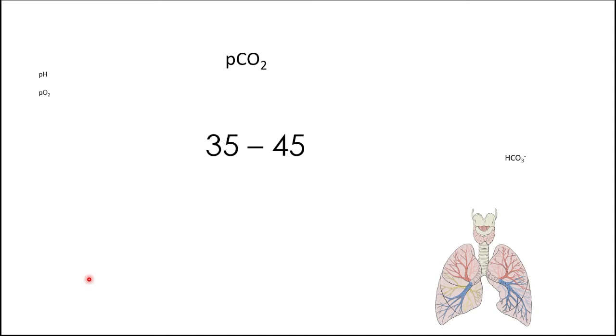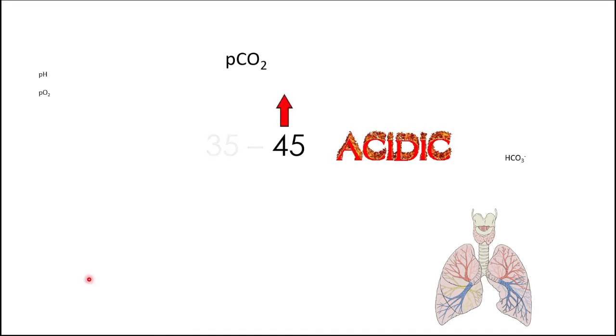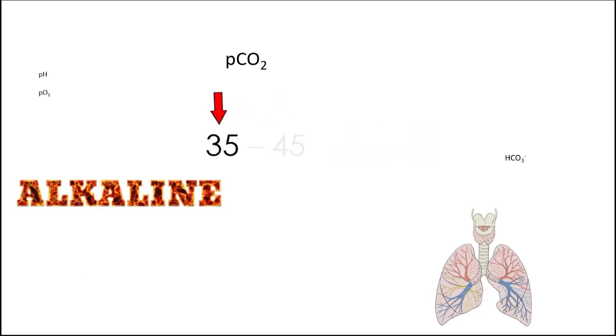But when carbon dioxide dissolves in water, it forms carbonic acid, which is an acid. In short, the more carbon dioxide in blood, the higher the acid levels are. Values above 45 are considered acidic and values below 35 are considered alkaline.